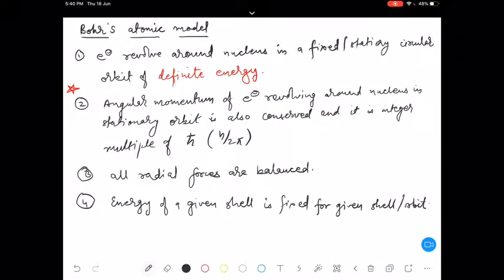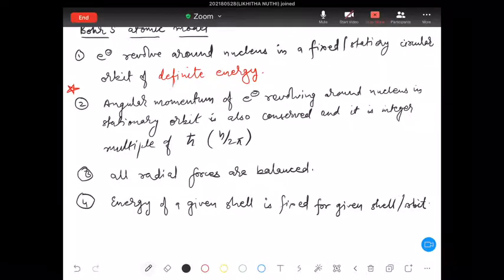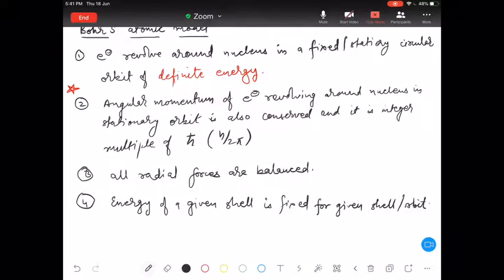Means if we define at what distance an electron is revolving around the nucleus in that circular orbit with what particular velocity and what particular energy, then we can define the structure of atom. Isn't that right? So that's what we are going to do now. Okay, so for that I'll again start with this particular part.